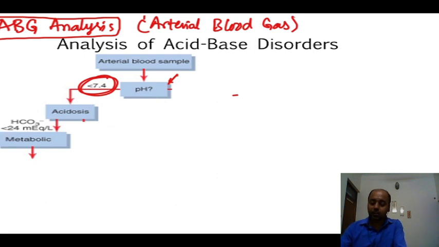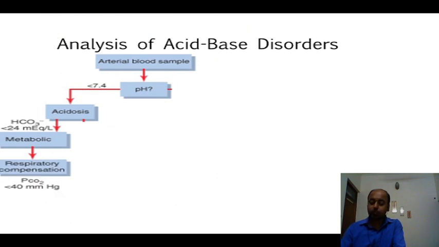And then we look at the pCO2 value. In acidosis, the pCO2 value should be more than 40 millimeter of mercury. If it is decreasing, then we say that compensation is there. If there is no change, then no compensation.